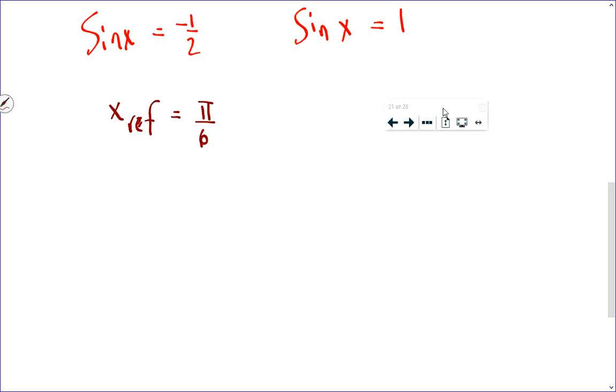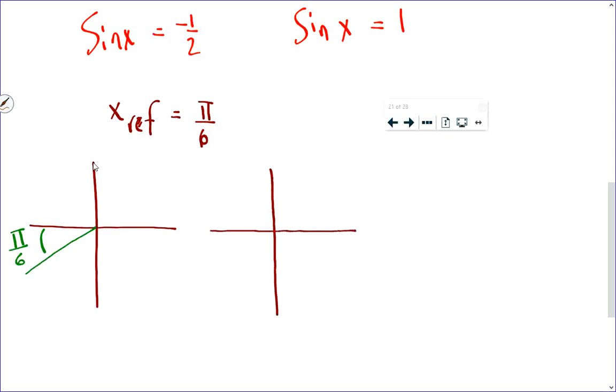So where is y negative? It's negative below the x-axis in quadrant 3 and 4. Make sense? So we have to draw this reference angle in quadrant 3. This is pi over 6. And in quadrant 4, this is pi over 6.